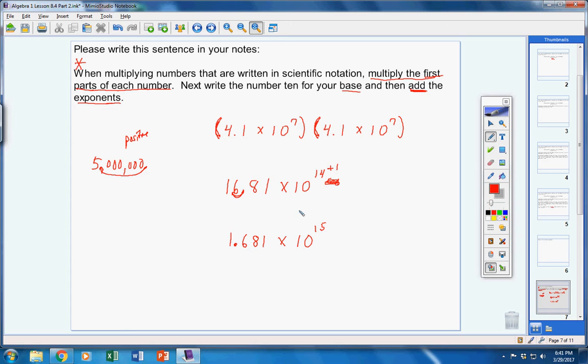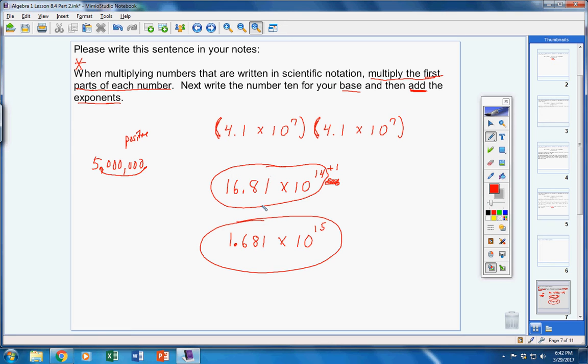Let me go over that again. Because I moved it from the right to the left in scientific notation, I'm going to add 1, not subtract 1. So there is your final answer. Every year on tests and quizzes, students forget to check their answer, and they think that they're finished because they get this answer here and they think it's in scientific notation.